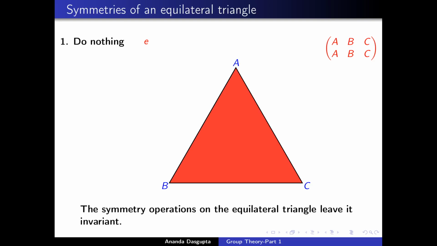If you do nothing to the triangle, of course, you cannot tell whether we have done something to it because, well, it has not changed at all. So this is the identity operation, in other words, the do nothing operation, which is there in every group of symmetries or every set of symmetries of a physical object or a geometrical object. And it's usually denoted by the letter E.